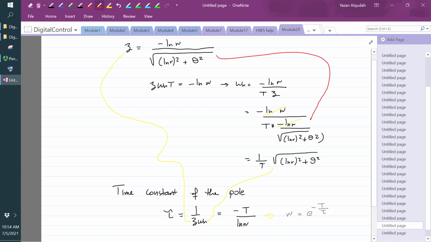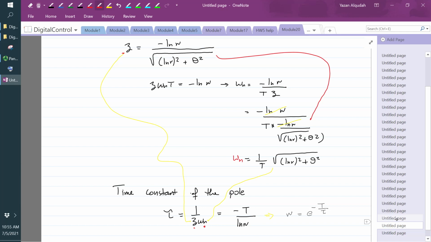So if I use the expression that I got for zeta here and the expression I got for omega n from here, and I plug them in, I'm going to get the time constant associated with a pole as equal to negative t over the natural log of r. And therefore we can write r is equal to exponential of negative t over tau.